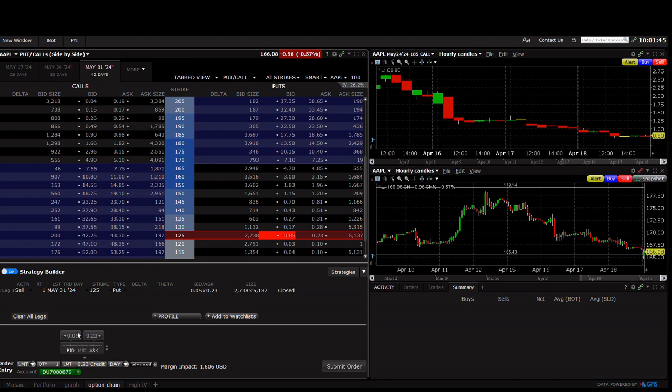You see that the price range, this ask and bid price, has a huge range between 5 cents and 23 cents. Let's say you can take a value between 5 and 23. Maybe you say 10. Maybe there will be people who will be ready to buy one option contract for 10 cents.